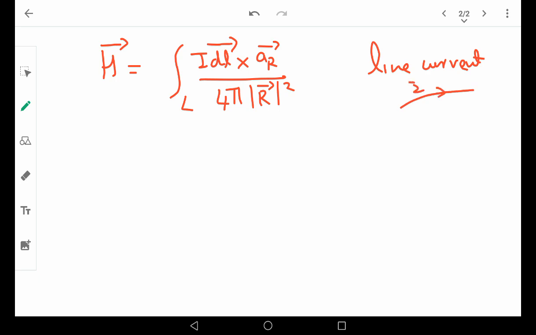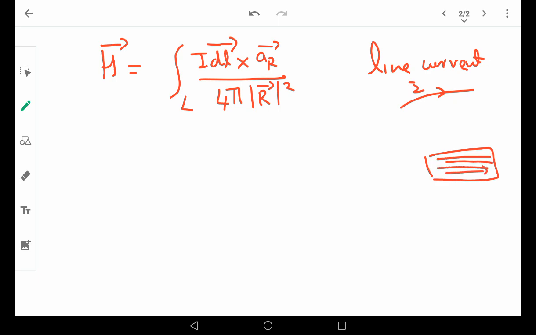Suppose you have a surface through which current is flowing.